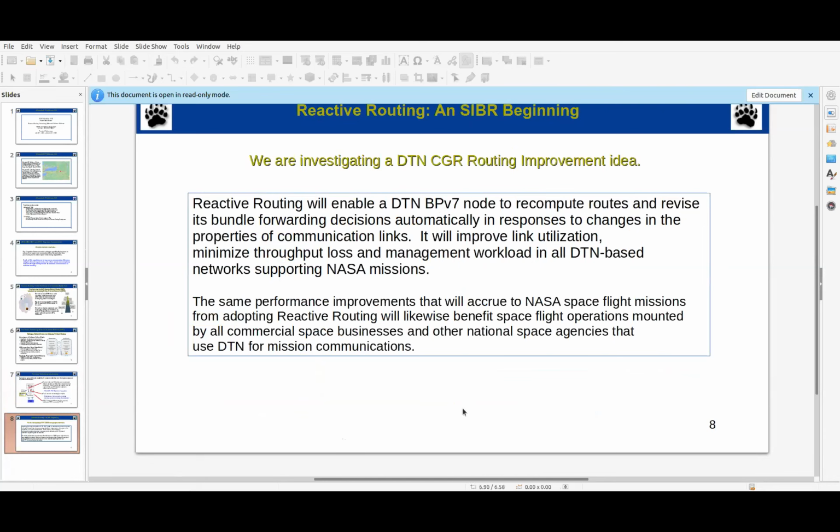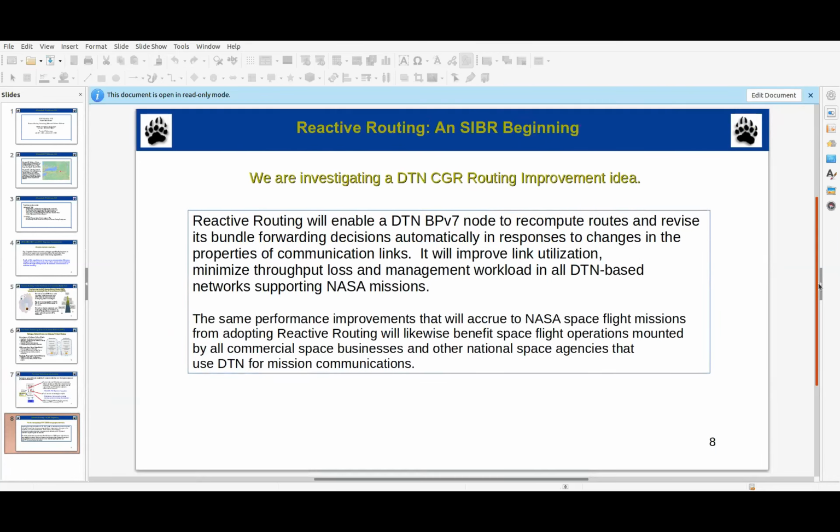So our first step is reactive routing. We're going to take a look at what DTN can use from the tool set that a radio could possibly provide to DTN. And for that, we started out with a vision of what a software radio might be able to provide in about 10 years, just a guess based upon what we've seen happening.